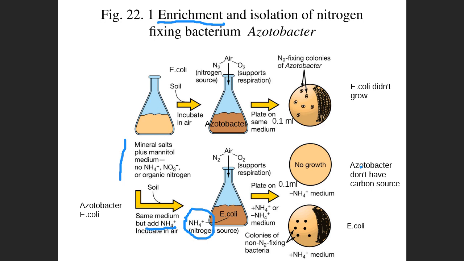If you give a nitrogen source, then bacteria like E. coli, the majority of bacteria, will grow, take up all the nitrogen, the common source, and then become the dominant bacteria. So E. coli becomes the dominant bacteria in this case.